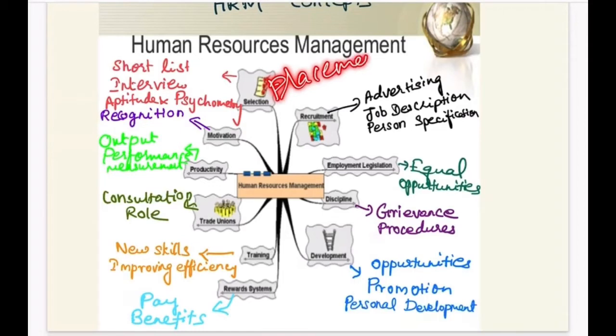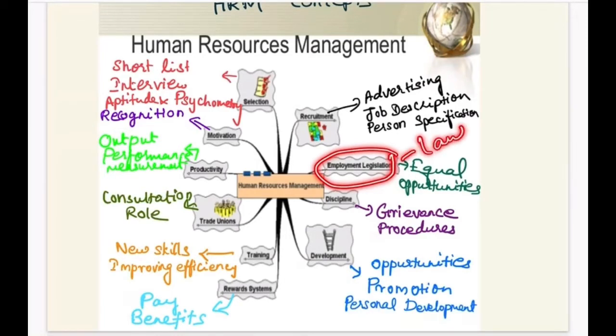They will get placed in an organization. Once they are placed in the organization, there will be legal responsibilities. Everyone will get equal opportunity in front of the law. Our Indian government or any government has enacted many legislations to ensure a person's equal opportunity in an organization.